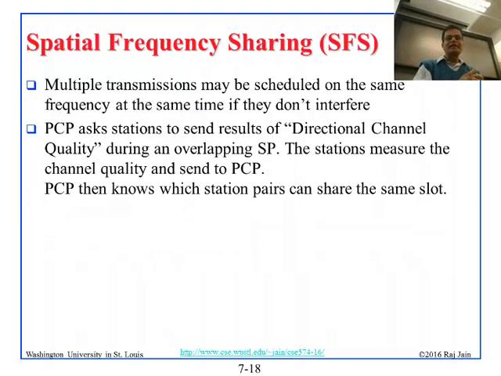Now, spatial frequency sharing. This is another new concept with 11AD, and actually with 60 gigahertz, not just 11AD. 60 gigahertz, and that applies to all of the other standards as well, that multiple transmissions may be scheduled on the same frequency at the same time if they don't interfere.